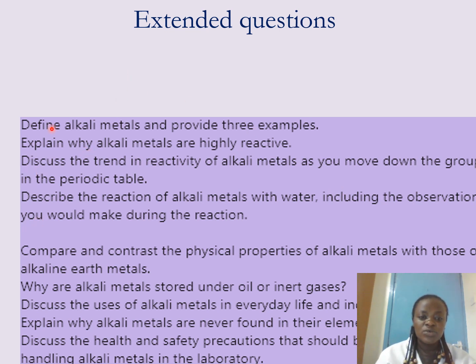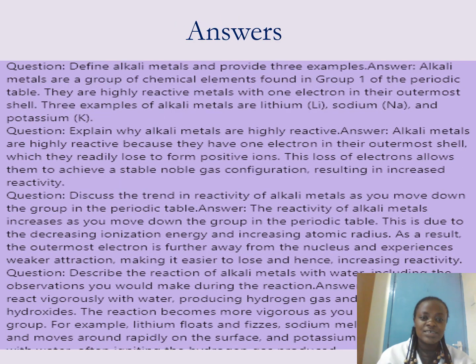For me, I'm going to answer the first 3 or 4 questions. So we have the answers here for the first questions. For example: define alkali metals and provide 3 examples. As we have learned, alkali metals are a group of chemical elements found in group 1 of the periodic table.